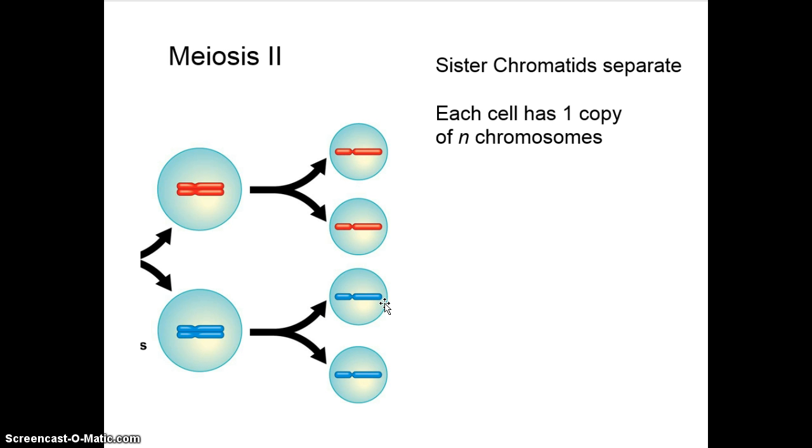Then, in meiosis 2, the sister chromatids separate, so you have two chromatids on this chromosome which separate to give these two daughter cells, and two chromatids on this chromosome which separate to give those two daughter cells. So the copies split, and you end up with each cell having one copy of the N number of chromosomes.